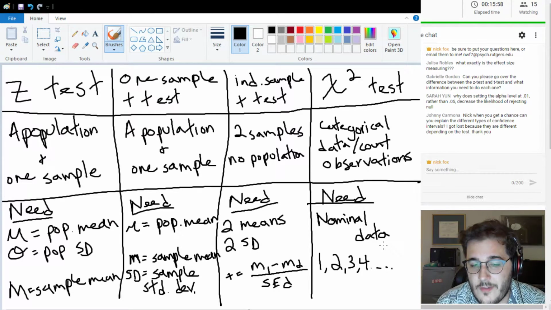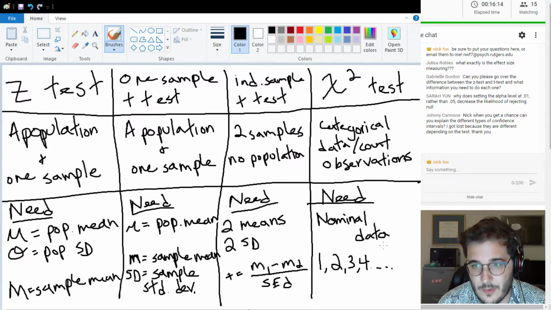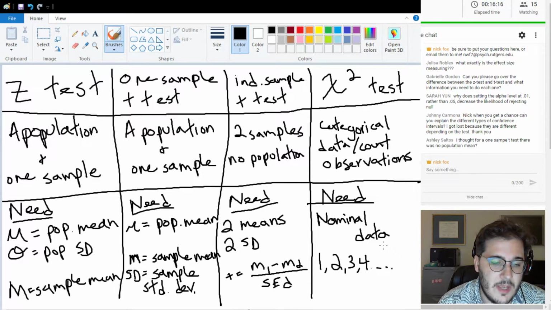So if you're in a recitation today, we did things like how many economists believe interest rates will go up or down. So that's like number of people. You can't have like half of an economist. It's either one economist or two economists or three, right? So it's like finite amount of data or a finite amount of observations.